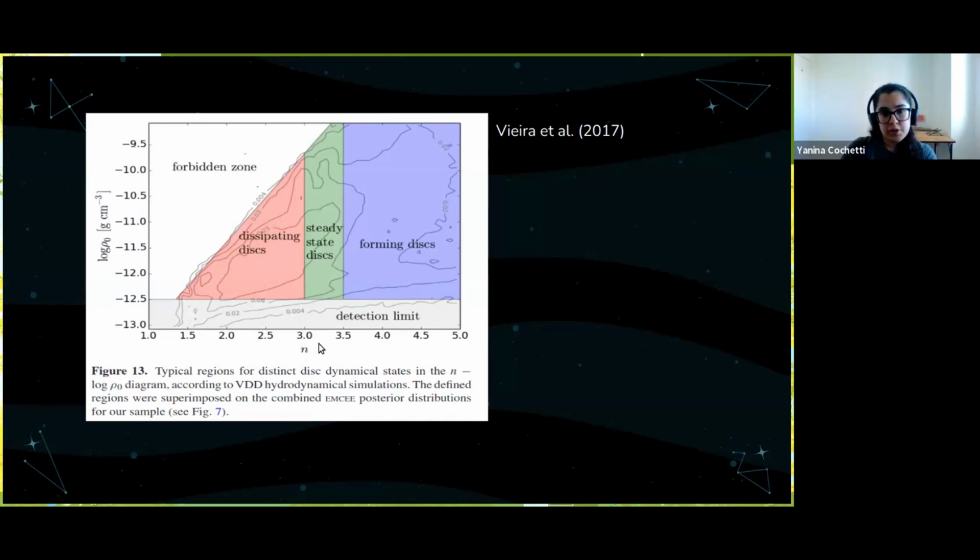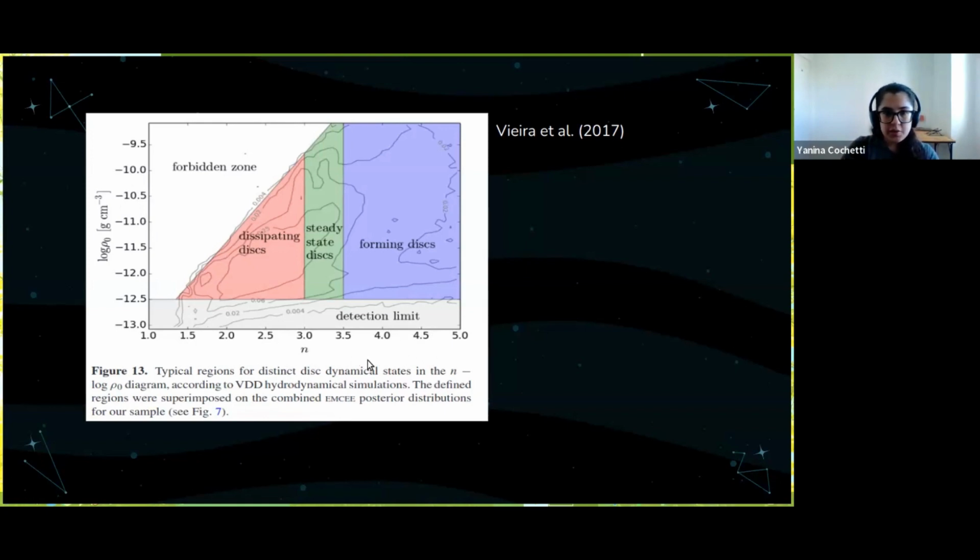For n values between 3 and 3.5, the disk is in a steady state. And for values below 3, the disk is dissipating. They also found that there is a forbidden zone, so we cannot have a disk with a small n and high density. A smaller n value means that the density falls very slowly, and if you have a higher n value, the density falls very quickly.